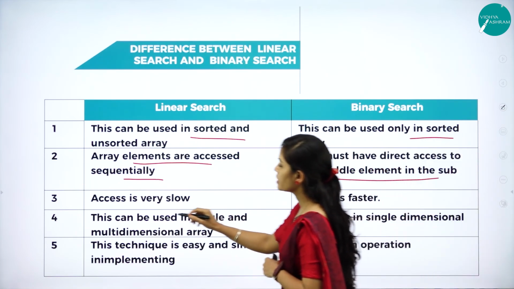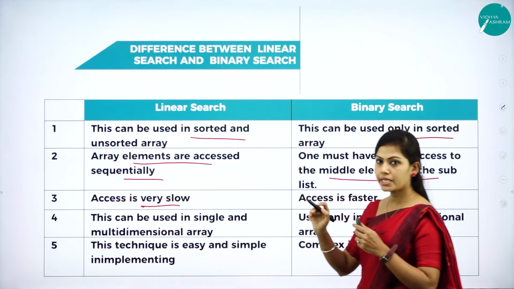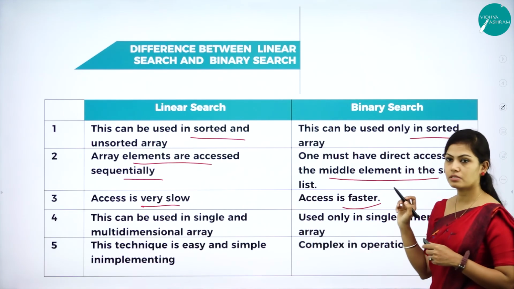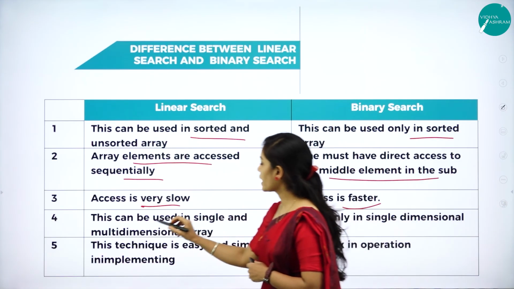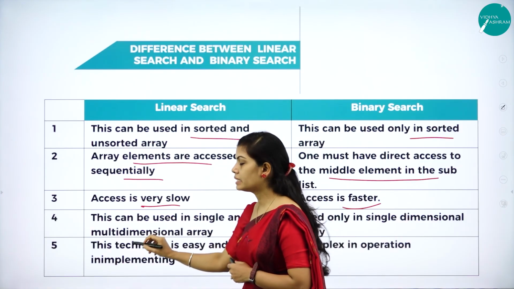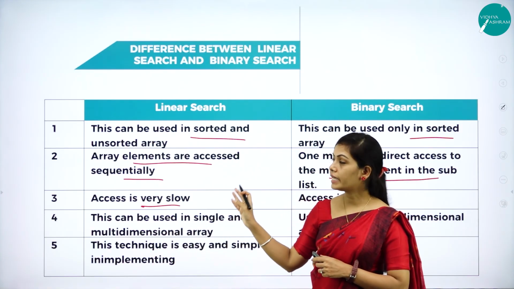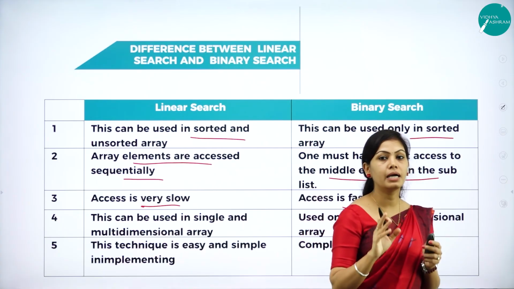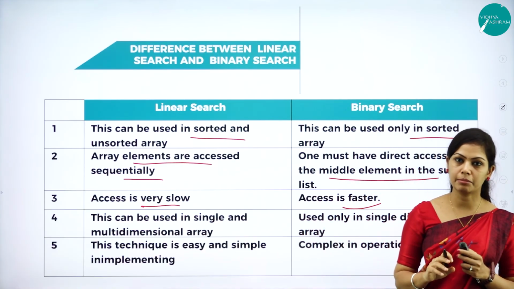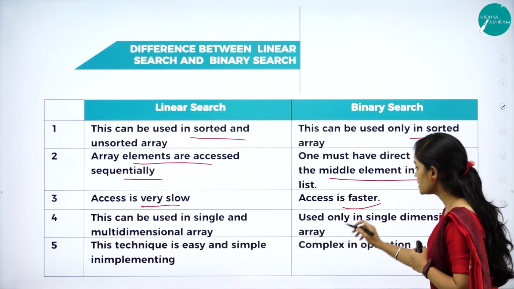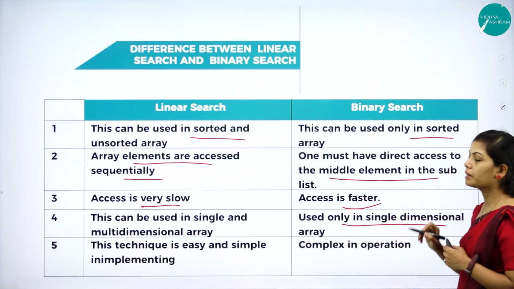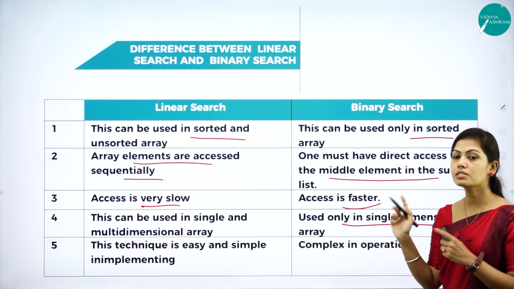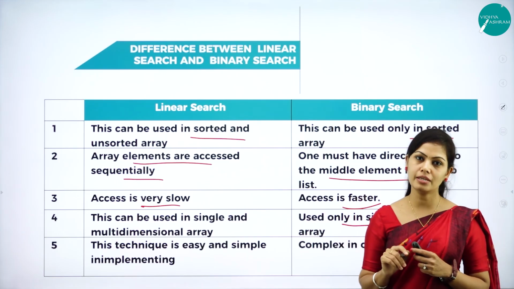In linear search access is slow, but in binary search access is faster. Linear search we can use in multi-dimensional array or single dimensional array. But binary search is used only in single dimensional array. We can't use binary search in multi-dimensional array.